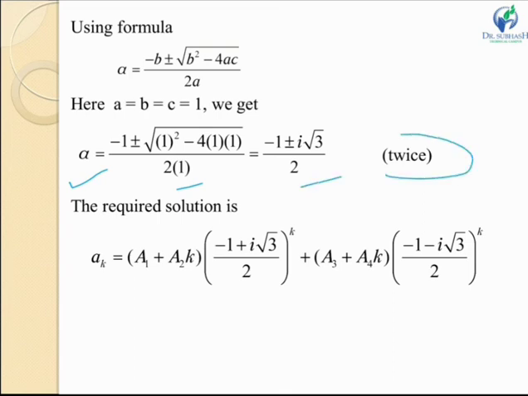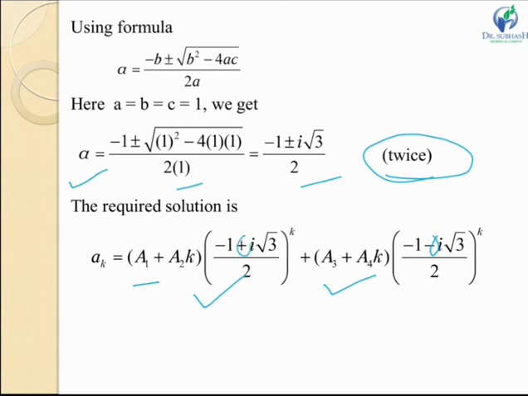This will become 2 times because our roots are 2 times over there. According to the complex roots, I get my equation as, since it is repeated, I have to write here a1 plus a2k. First I will take the plus sign, and a3 plus a4k I will take with the minus sign.